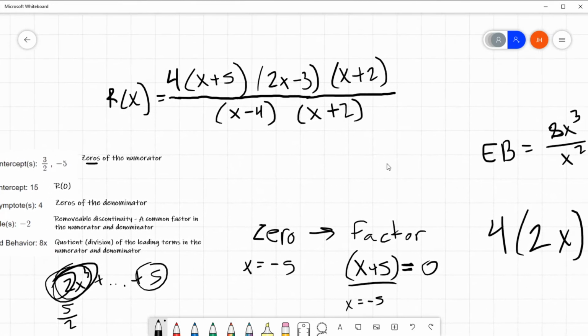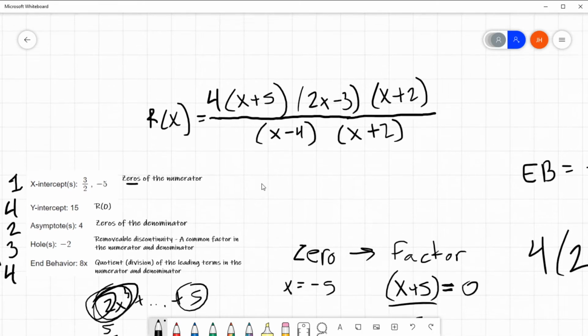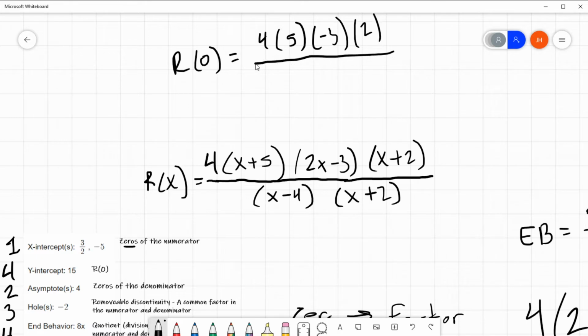And then just to verify, let's check. Is the y-intercept of this 15? Well, when I plug 0 in, what do I get? R of 0 equals 4 times 0 plus 5 is 5. 0 times 2 minus 3 is negative 3. And 0 plus 2 is 2. Down below, I would have 0 minus 4 is negative 4.